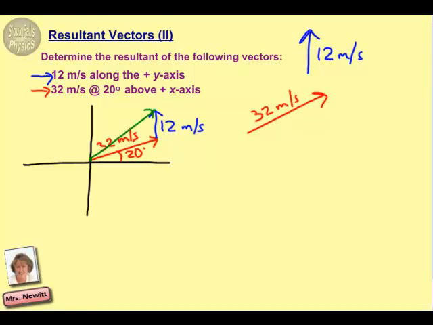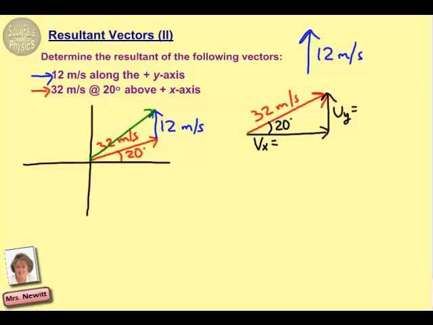It's traveling to the right along the positive x-axis, so that would be in the x direction, and it is traveling upwards, so that would be in the y direction. Before we can begin to combine the two vectors together, we need to know what these individual amounts are.